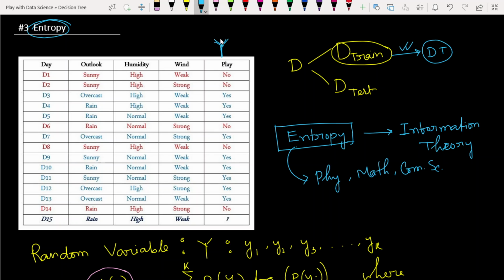Actually it is a categorical feature, and it takes two values: yes or no. We call yes as y plus, and no as y minus. I am taking this random variable play as y.